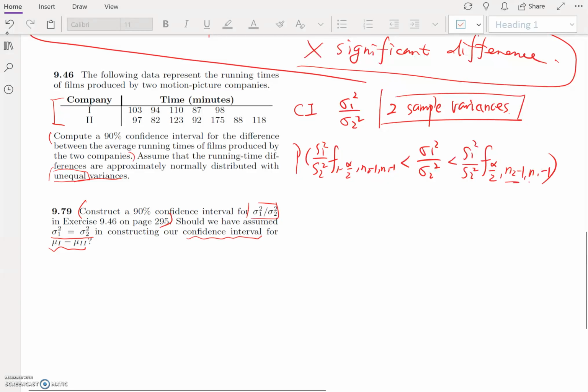So we need to pay attention that here it is first n2, then n1. That's the thing you need to remember.